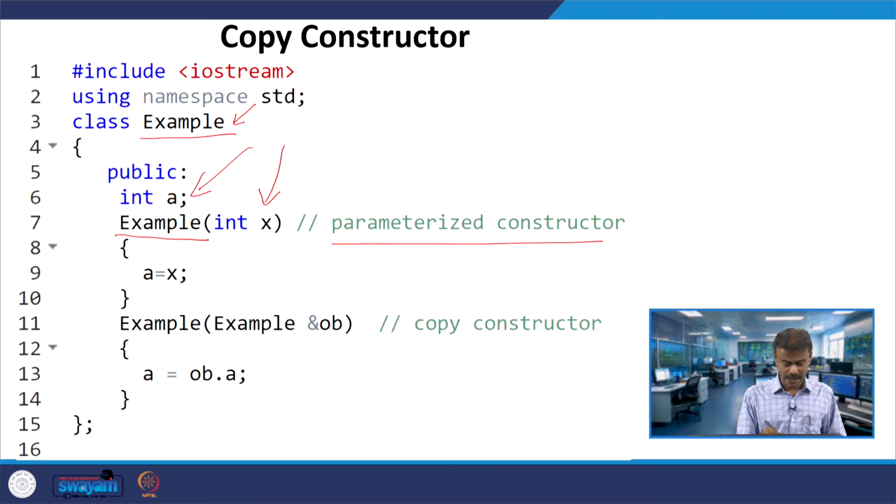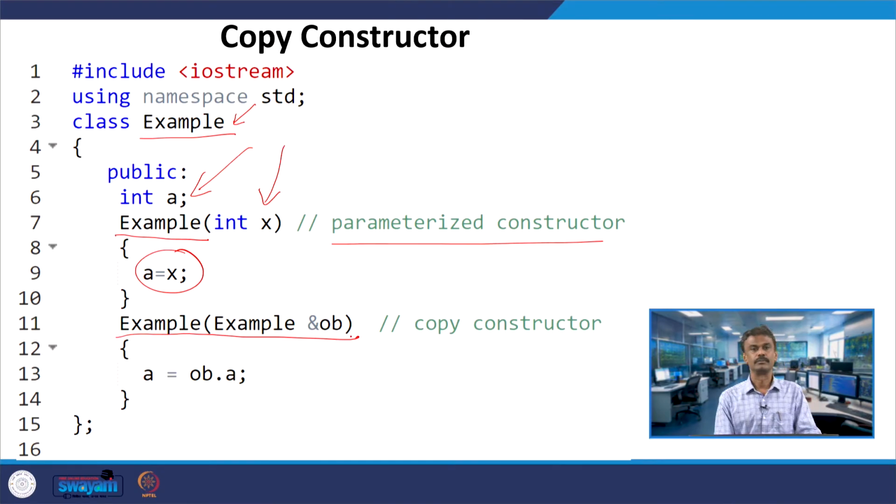So, here it is a special member function. I am copying x into a, that means a equal to x. And now here I have another constructor. This is the copy constructor, right.